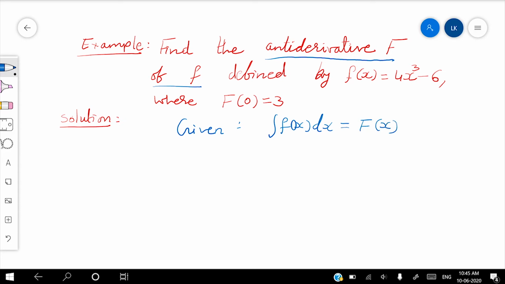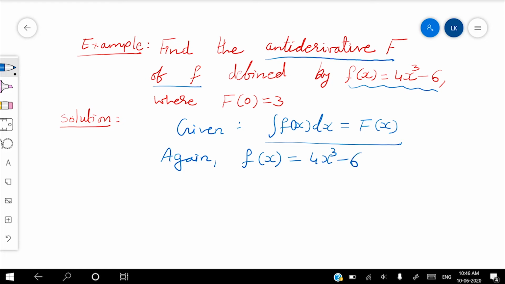This we have been given. Again read the question. Find the antiderivative capital F of small f. That means the integral of f(x) dx is capital F(x). This we have been given. Also f(x) is defined this way. Again substitute the value of f(x), which is given: 4x cube minus 6.